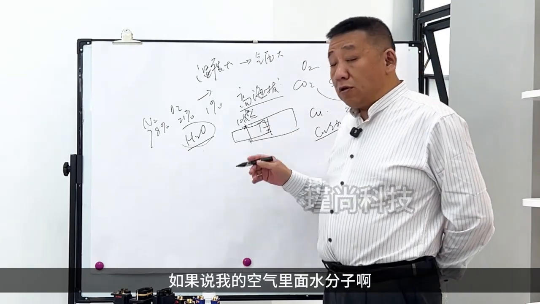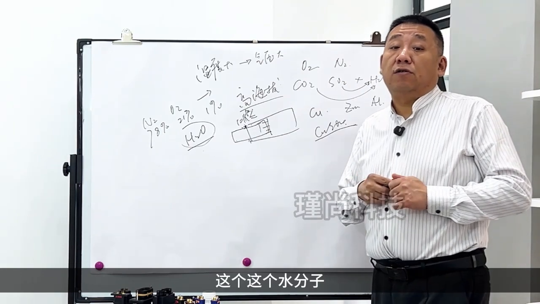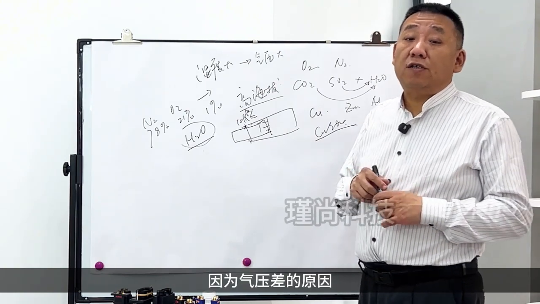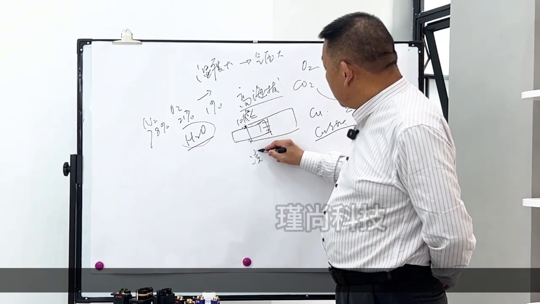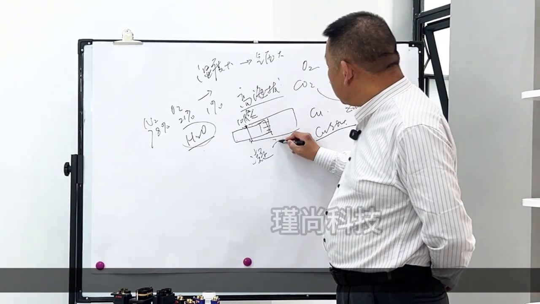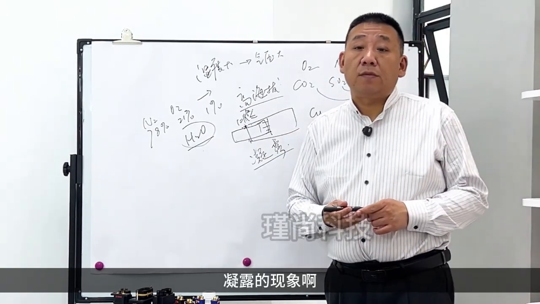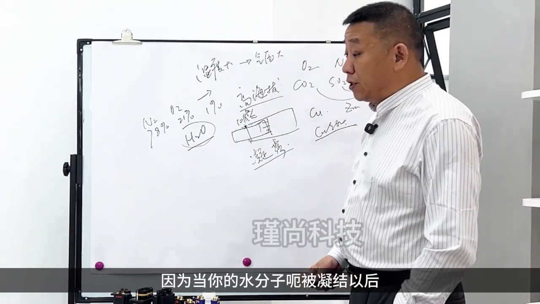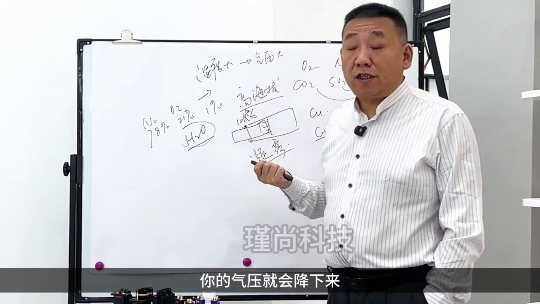What if there are water molecules in my air, if we have a lot of humidity? At this time, because of the air pressure difference, it forces the water to condense. Because when your water molecules condense, your air pressure will come down, and there will be a little bit of decline in part.